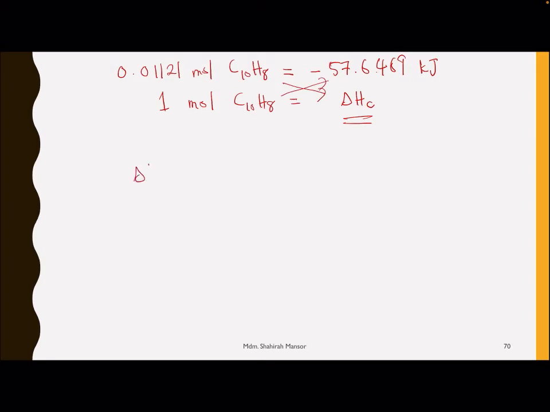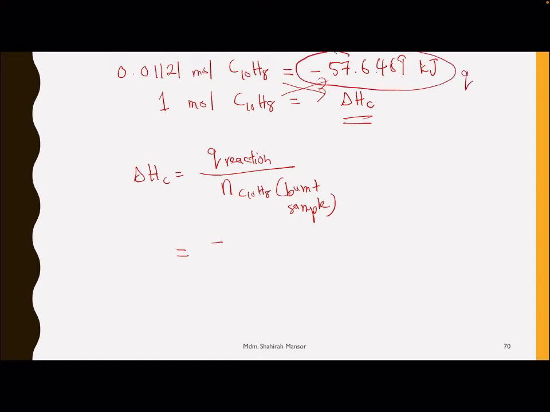Hence the formula will be delta H combustion equals Q reaction over n of naphthalene. The bottom part here will be the burnt sample.